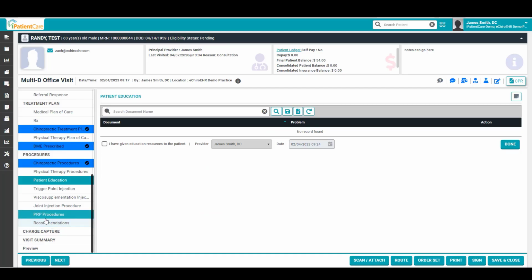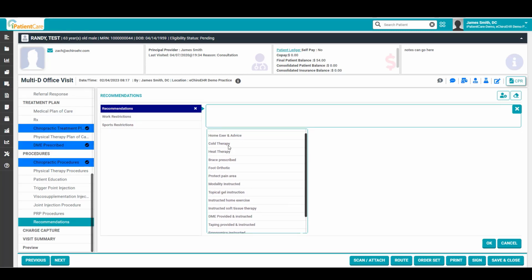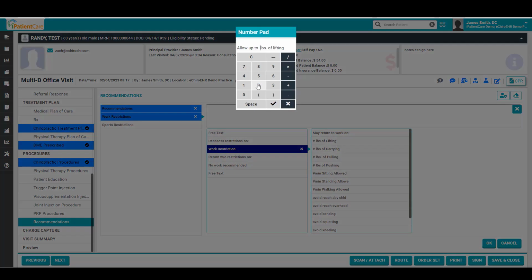And then under procedures, the recommendation section can be that section where you have documented the advice that you've provided the patient, documenting any particular restrictions in work. So let's say that we will restrict the patient's lifting.